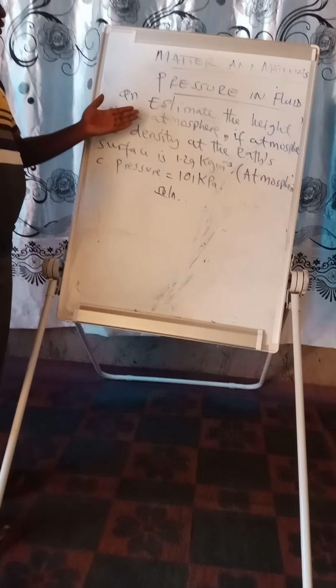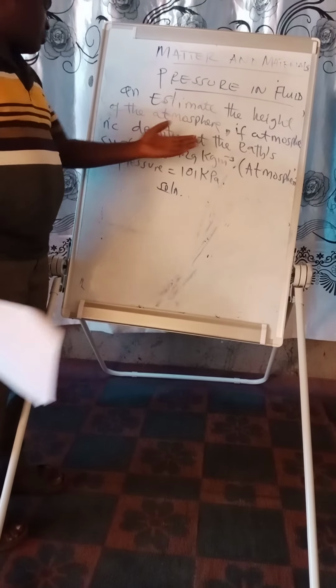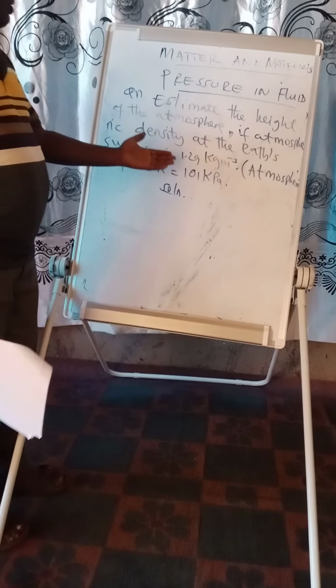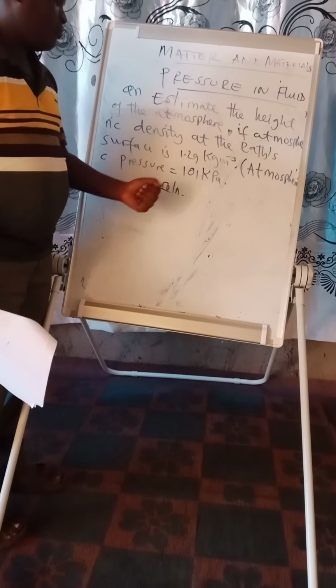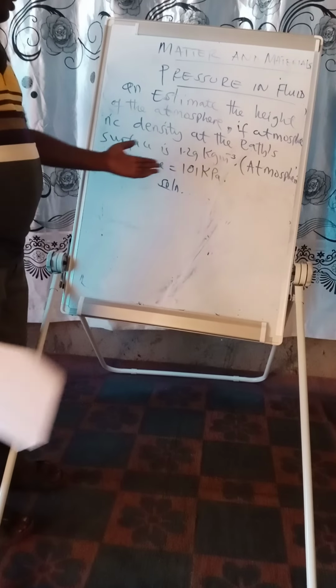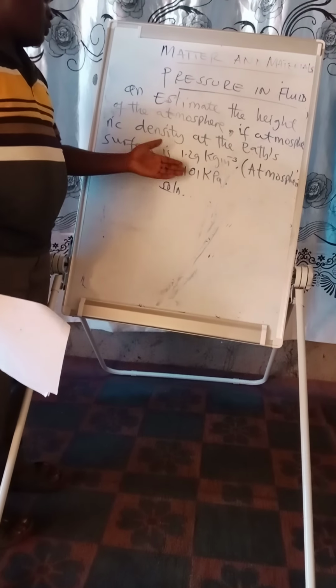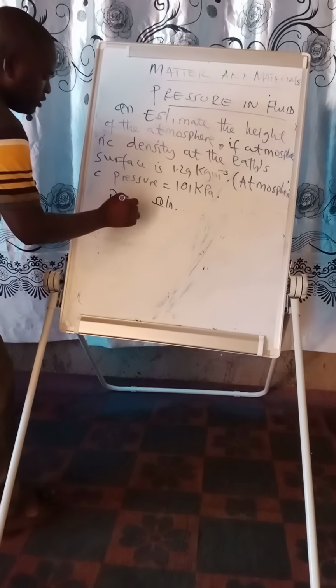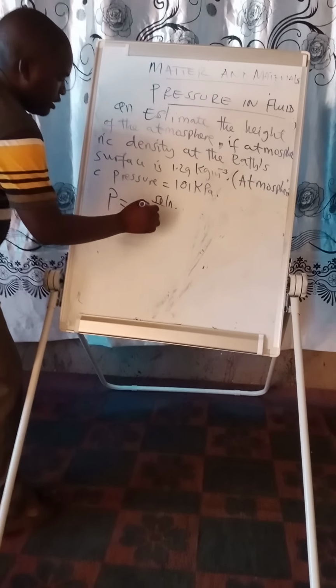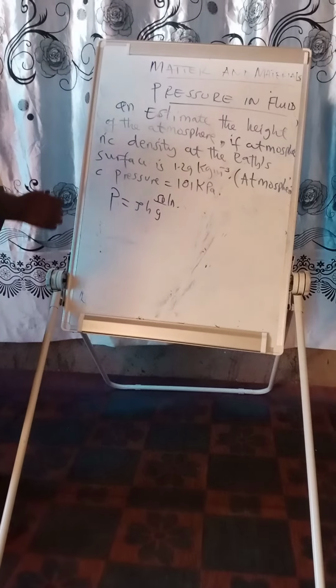So this is a question. Estimate the height of the atmosphere if atmospheric density at the Earth's surface is 1.29 kilogram per meter cube, and the atmospheric pressure is 101 kilopascal. First of all, we have to know that pressure depends on density, height, and acceleration due to gravity.